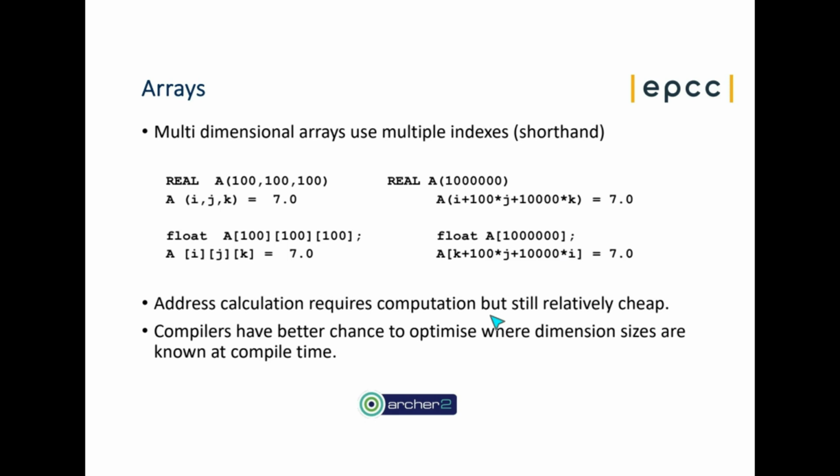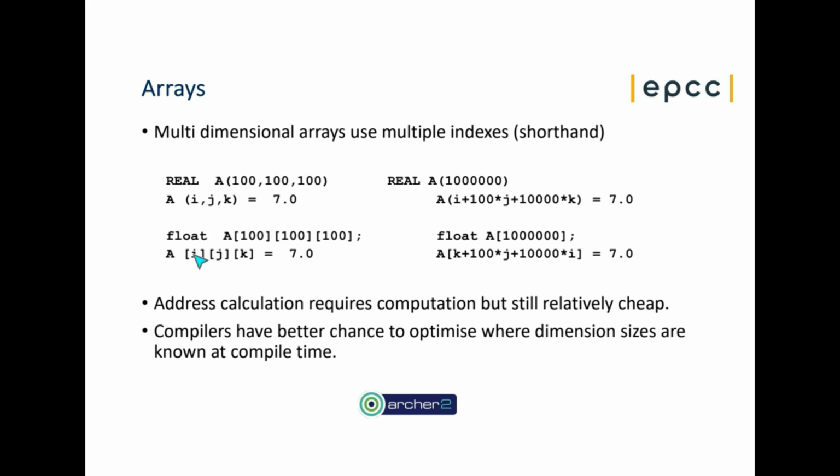The address calculations do require something, but if your array indices are a simple map to your loop indices, then the compiler will typically do a good job.